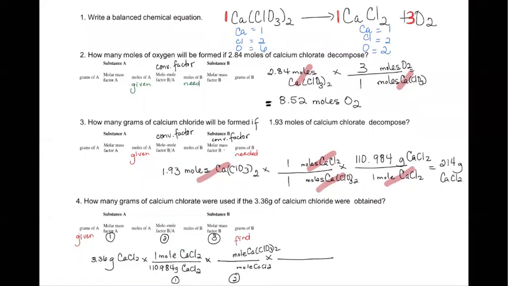And we already know that the relationship between them is 1 to 1. Lastly, we are going to multiply by the molar mass of Ca(ClO3)2. So we put in the bottom moles of Ca(ClO3)2. And on top, we have to put the molar mass of this compound, Ca(ClO3)2.